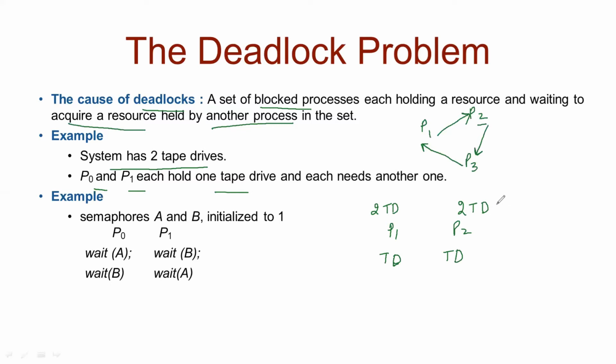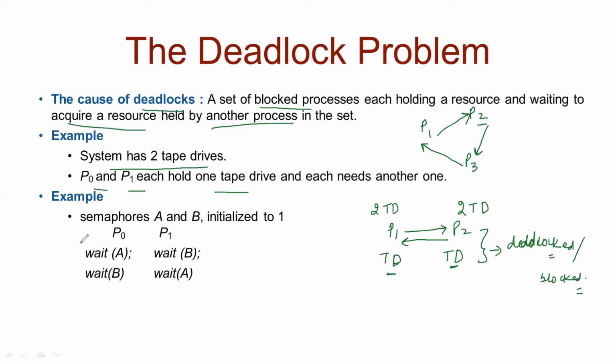What will happen now? P1 is waiting for P2 to release this tape drive. P2 is waiting for P1 to release this tape drive. So this condition is a deadlocked condition. It is a deadlocked condition and the processes are said to be blocked or deadlocked. Okay.